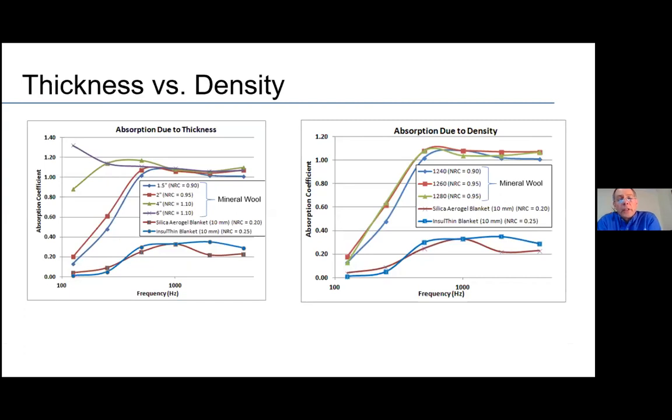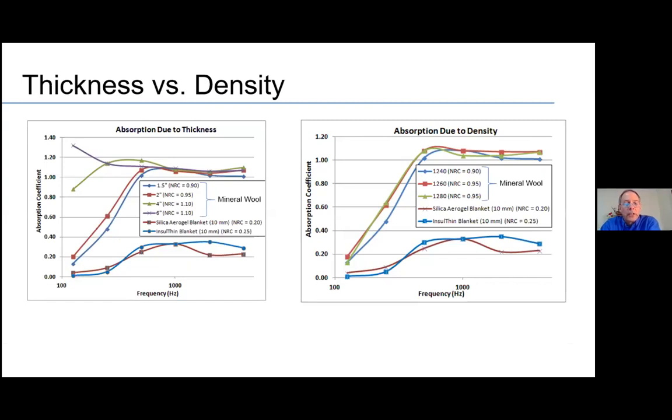We touched on these two characteristics earlier in looking at the performance that a material will give as a result of changes in its thickness versus changes in its density. And what you will typically find is that the thickness of an insulation material will have a much greater impact on its acoustic performance, its absorption coefficient performance, than density will.